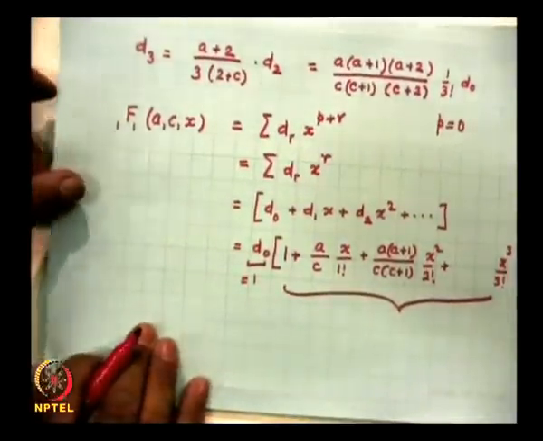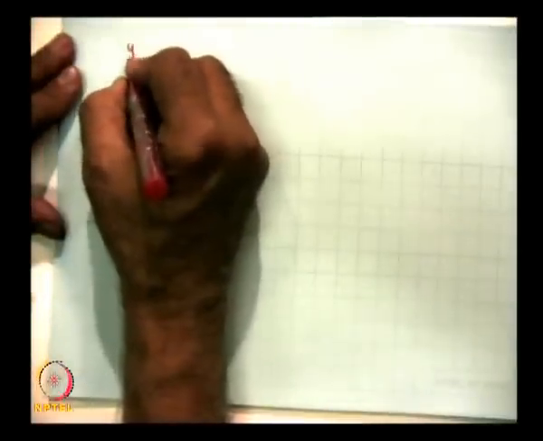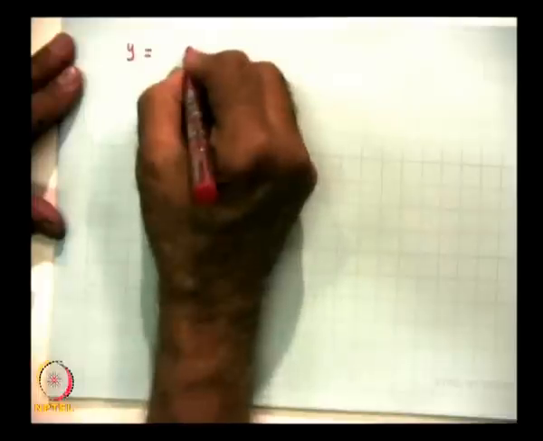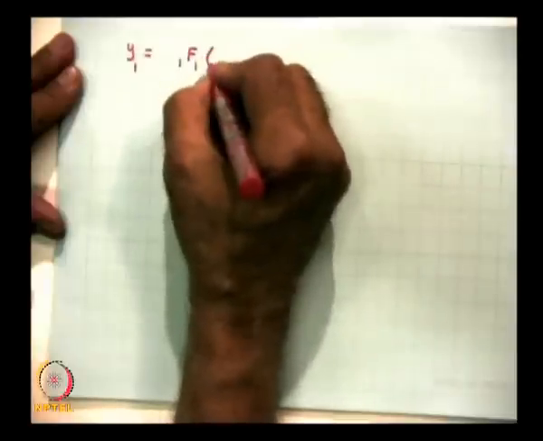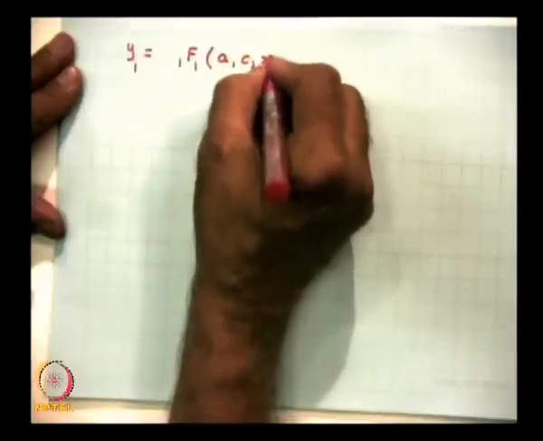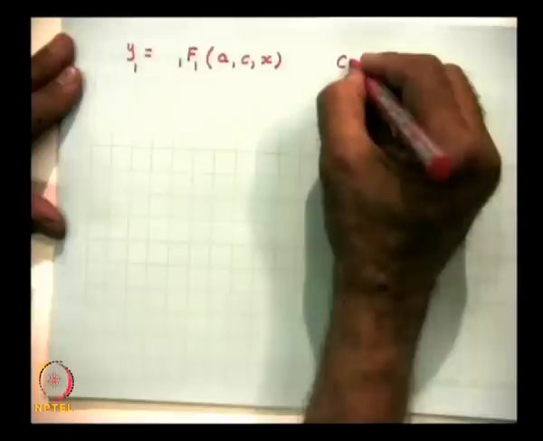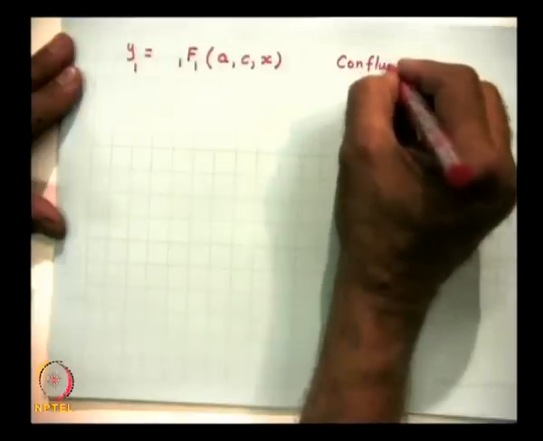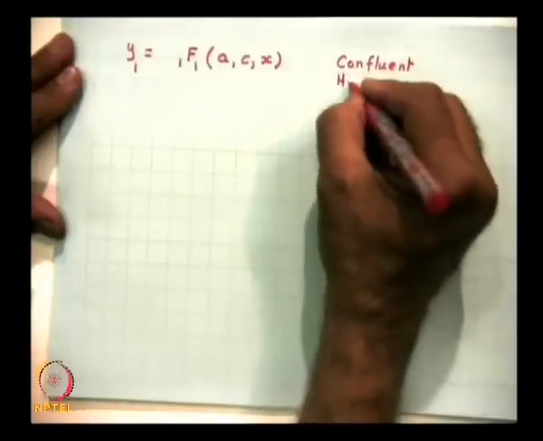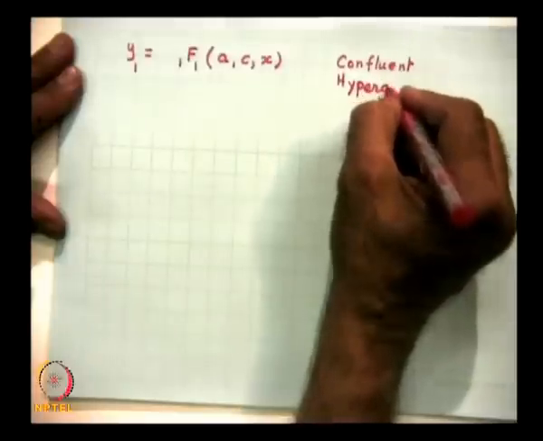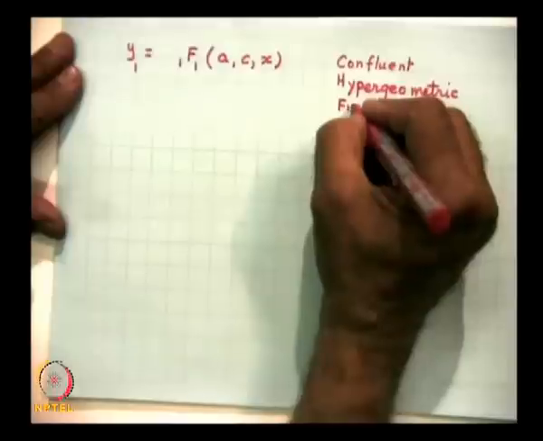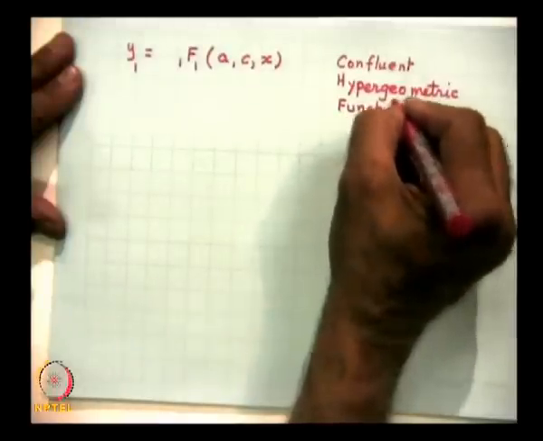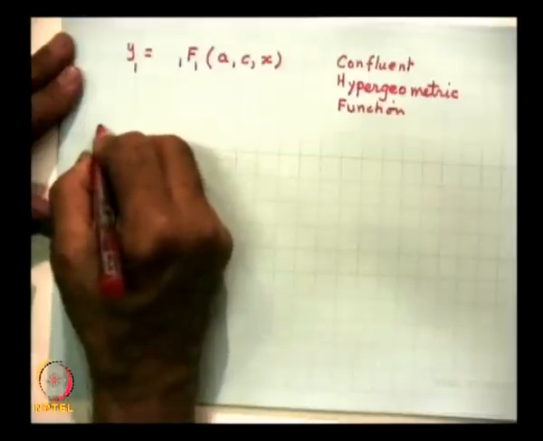So, one of the solutions of the differential equation is y1 of x, which is f11 a c x. This is known as the confluent hypergeometric function. This is an extremely important function and it is very easy to remember.